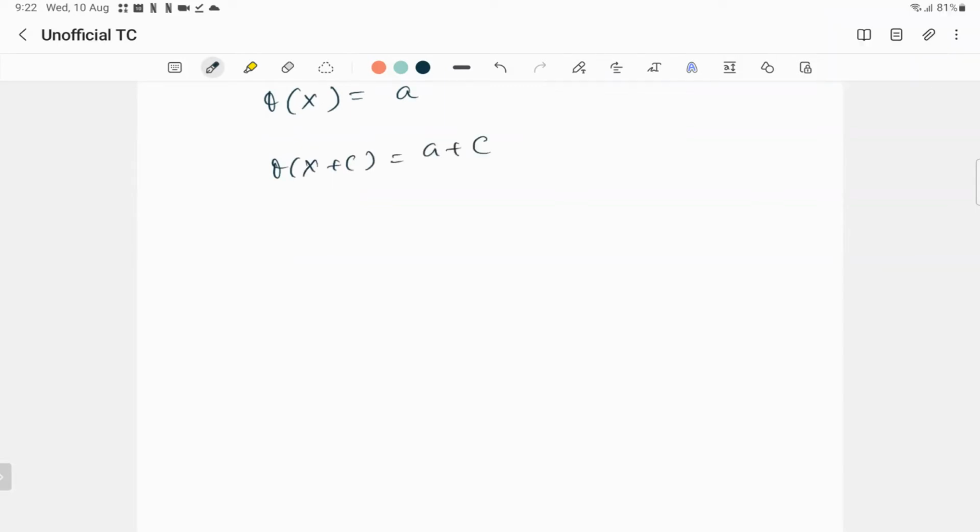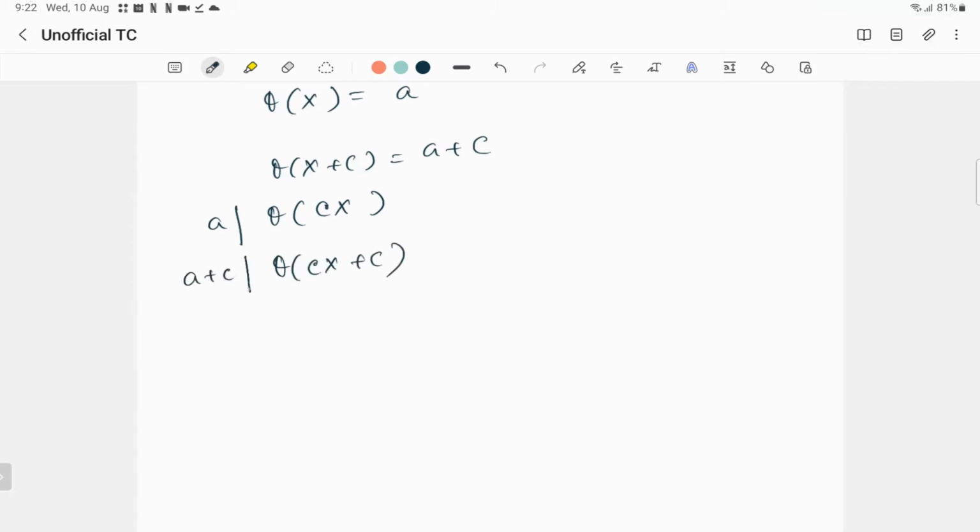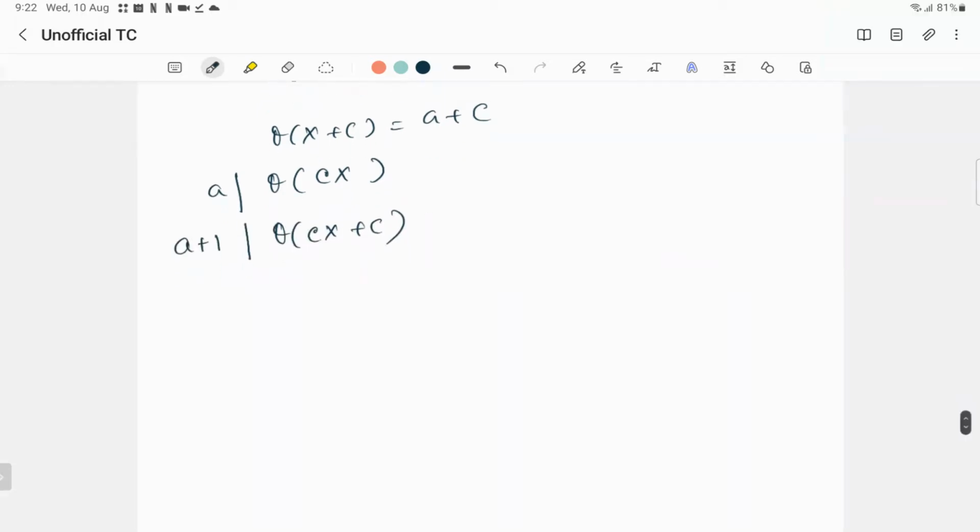So if you want to determine theta of cx, then we know theta of x divides this, a divides this. We also know that if you consider cx plus c, a plus 1 divides this, and it's also equal to theta of cx plus c, which is also equal to a plus c.